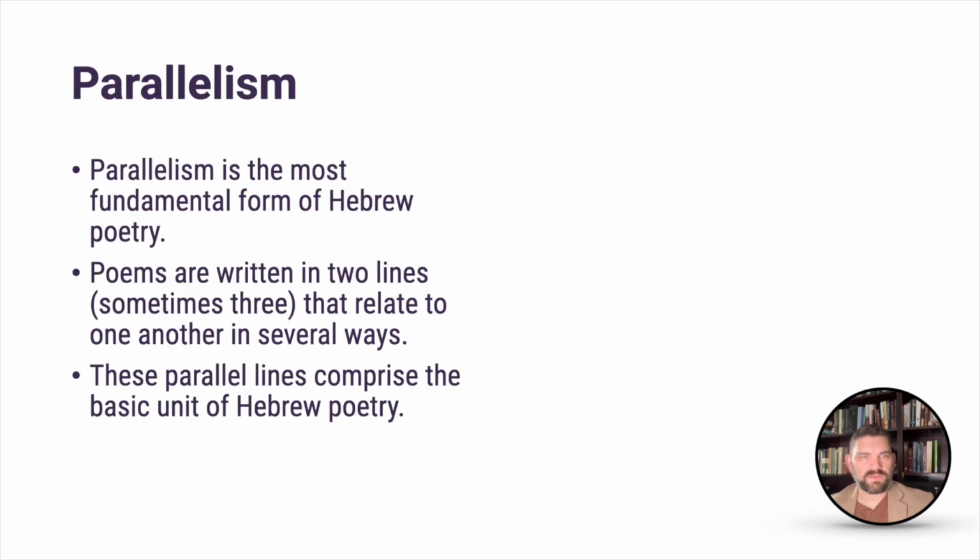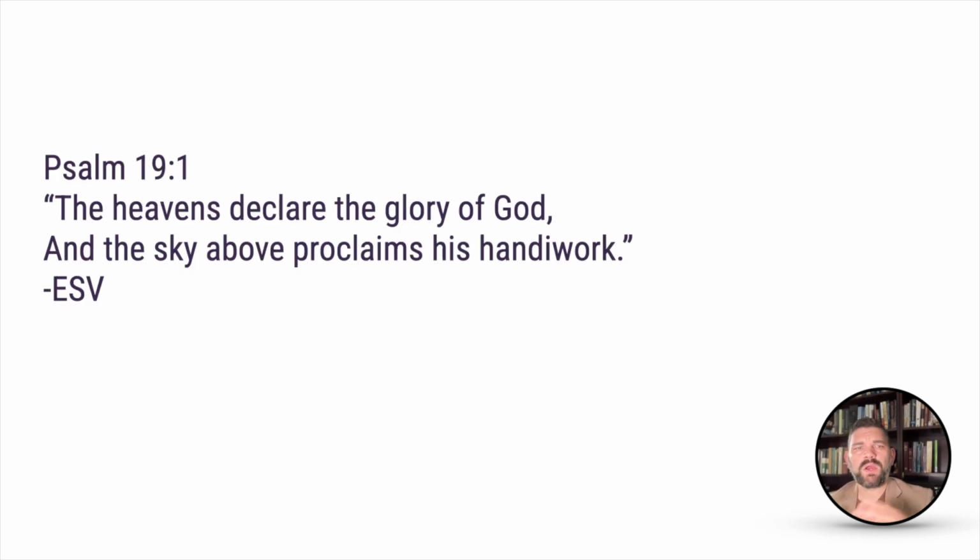So what is parallelism? It's the most fundamental form of Hebrew poetry. Poems are written in two lines, sometimes three, that relate to one another in one of several ways. These parallel lines comprise the basic unit of Hebrew poetry. So as an example of this, look at Psalm 19:1. The heavens declare the glory of God, and the sky above proclaims his handiwork.